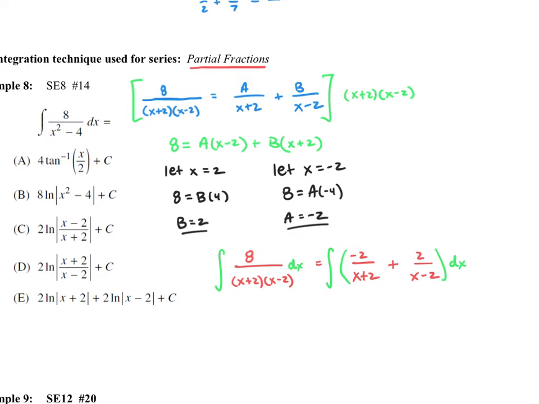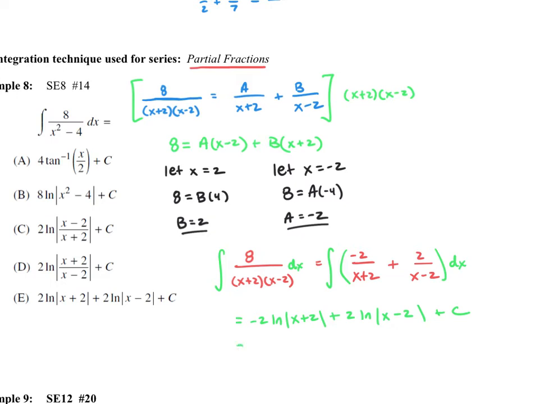Now, the integral can be separated because of addition. So we have the antiderivative, -2 natural log of x plus 2 plus 2 times the natural log of x minus 2. And of course, we have some constant value. So we've been able to successfully take the antiderivative now, which is exactly what we were shooting for.